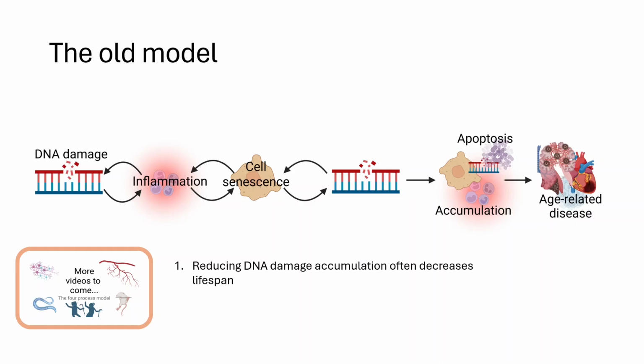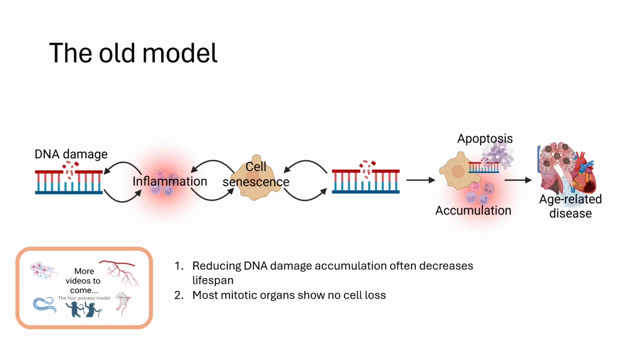And that is because when we actually test these things experimentally, often as not, we find that reducing DNA damage accumulation decreases lifespan, or increasing damage accumulation increases lifespan, and there's no real relation between how much damage a person or an animal accumulates and how long they live in almost every experiment you can name.